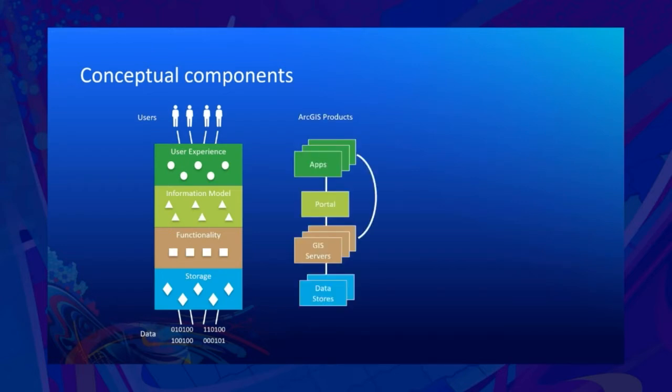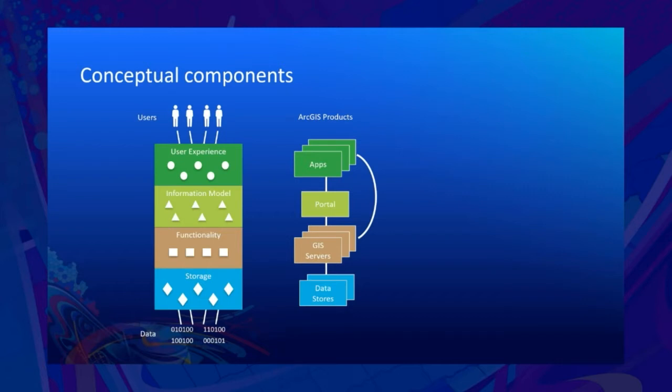So when we translate those tiers over, you can really see the same components of the ArcGIS product shine through. We've got things like enterprise geodatabases down at that data store tier. We've got things like ArcGIS Server and other kinds of GIS servers at the functionality tier. We've got the enterprise portal that I mentioned that exposes an information model that we can take advantage of.